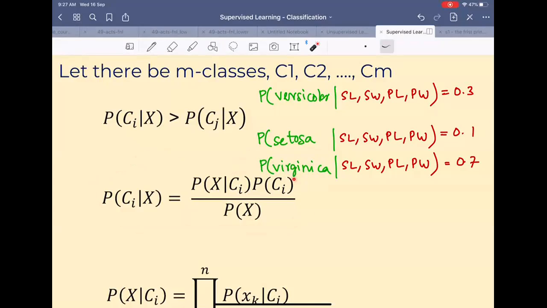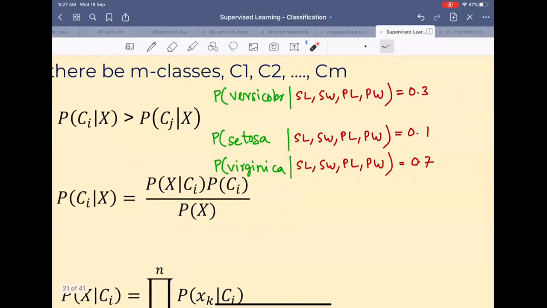Now, what is the probability of a given class? Very simple. For the iris data set, I know there are 150 instances, 150 different data points. I have 50 data points for virginica, 50 data points for setosa, and 50 data points for versicolor.